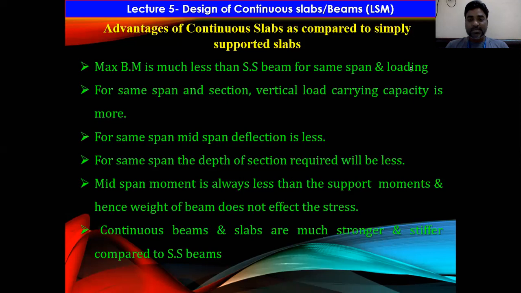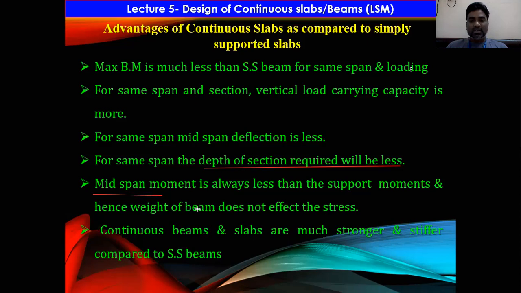And for the same span, the depth of the section required is very less as compared to a simply supported beam because it is steeper. Therefore, the depth required in continuous beams is less as compared to the simply supported. And the mid-span moment is always less than the support moment.